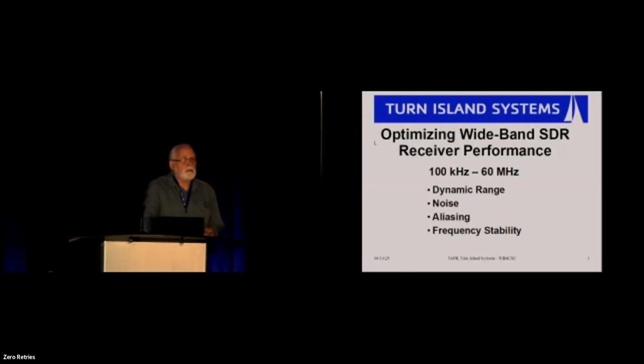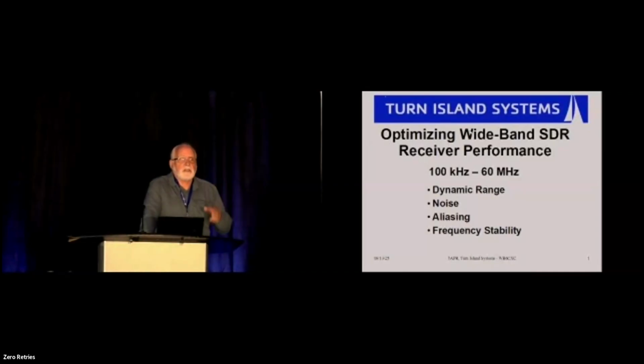And in particular, the receiver that we're using mostly is a very simple SDR, but it basically covers from 10 kilohertz up to 60 megahertz wideband, continuously, that entire spectrum.